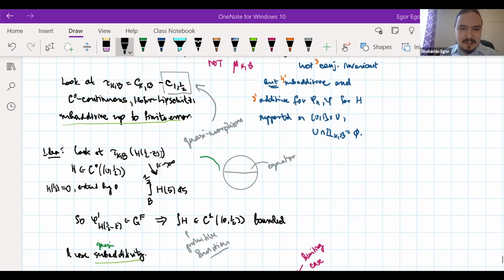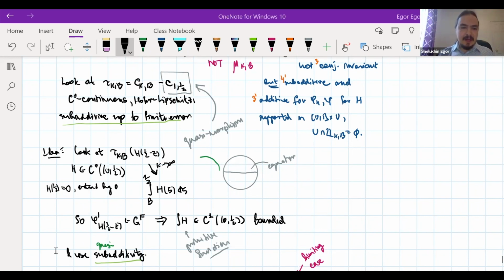this tau KB tends to, just by a Riemann integral formula, the integral of this function from B to 1/2. So it goes from the equator to wherever B takes you.